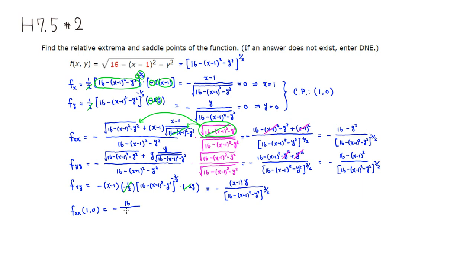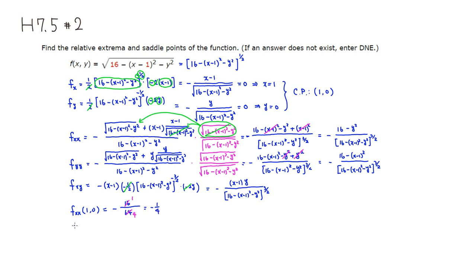So 16 divided by 64, so we have negative 1/4.